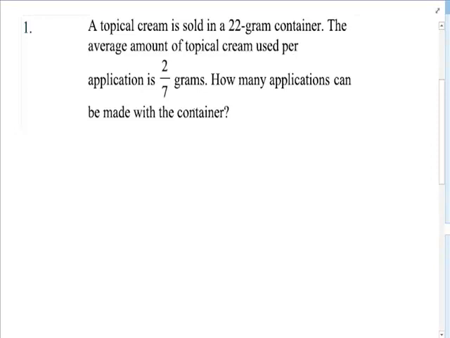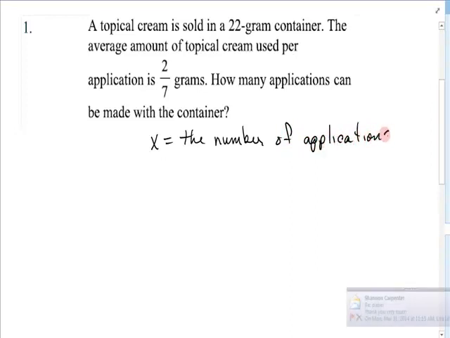Now in this one, X is going to be the number of applications. So I have 22 grams. I want to know how many of these 2/7 gram size applications can I get out of this?